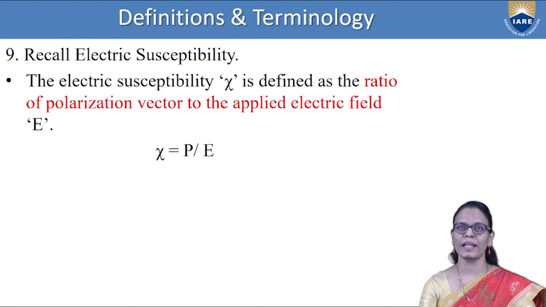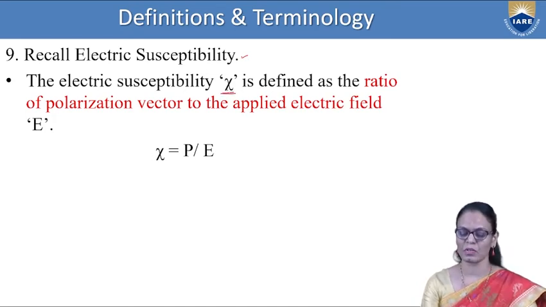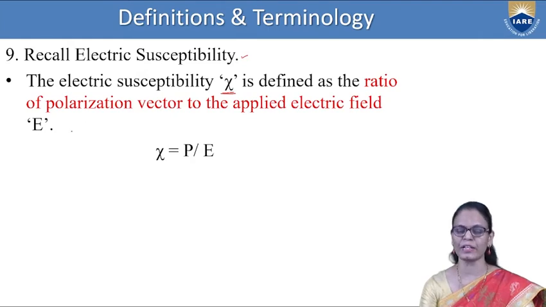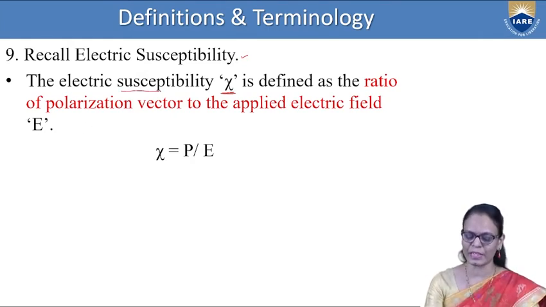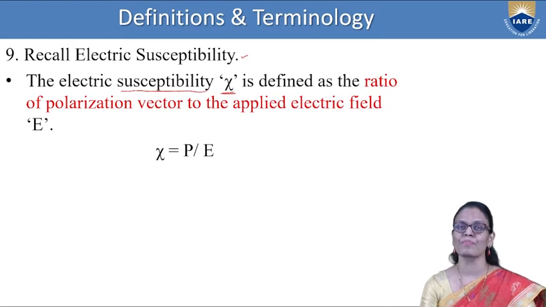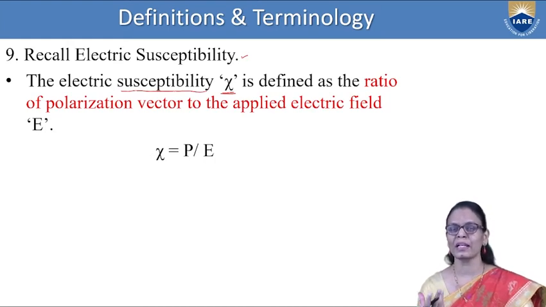Then recall electric susceptibility. What is susceptibility? The electric susceptibility chi, this is also a Greek alphabet, we call it chi, not x. It is defined as the ratio of the polarization vector to the applied electric field. When we talk about susceptibility, it talks about the way the dielectric is going to get electrized.